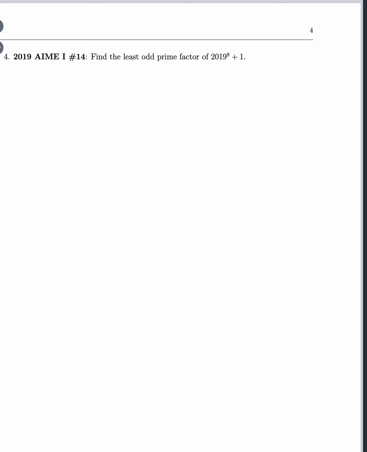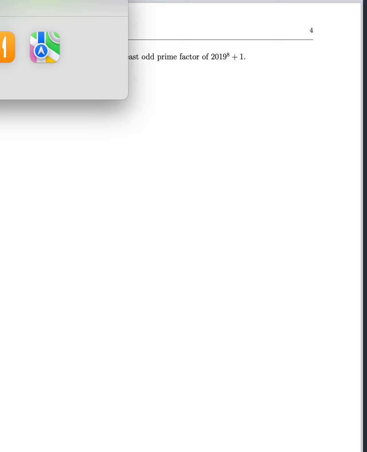Okay, so now this one, let's call the prime factor desired p. Then 2019 to the 8th must be equivalent to -1 mod p, right?